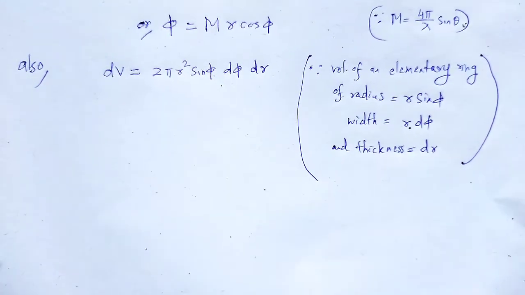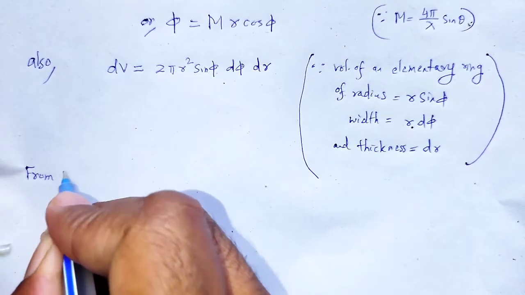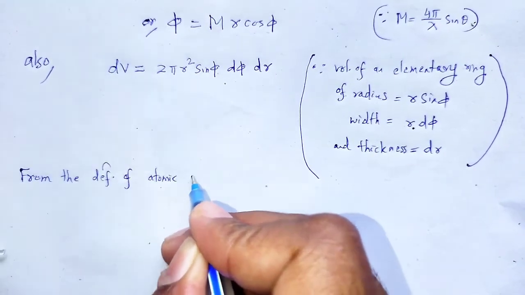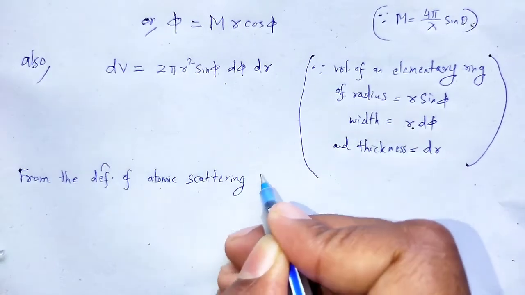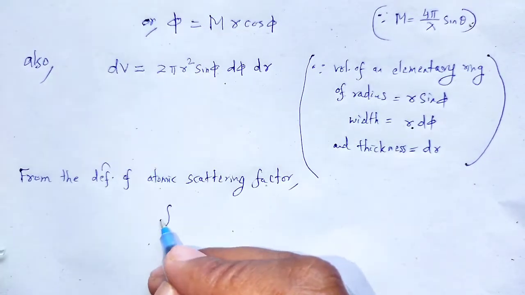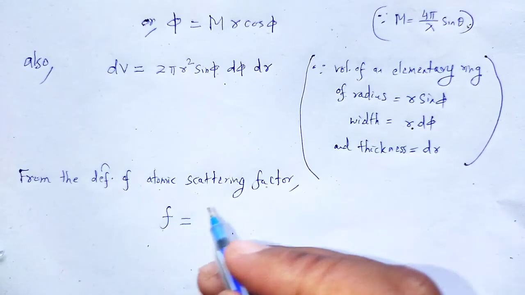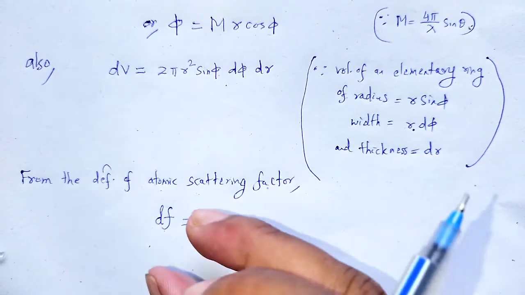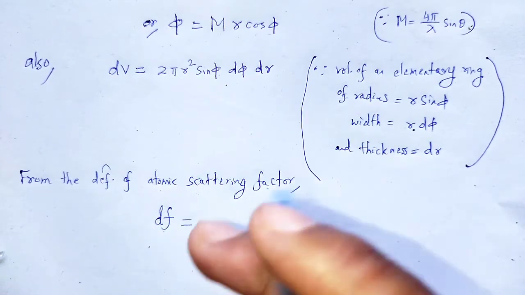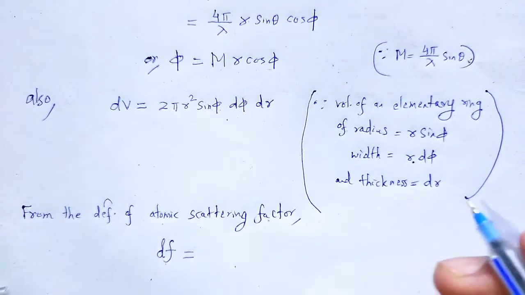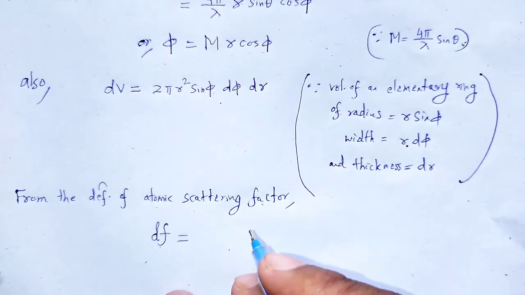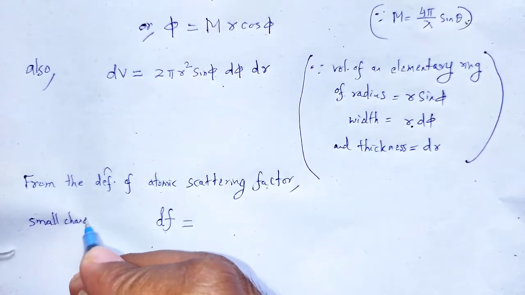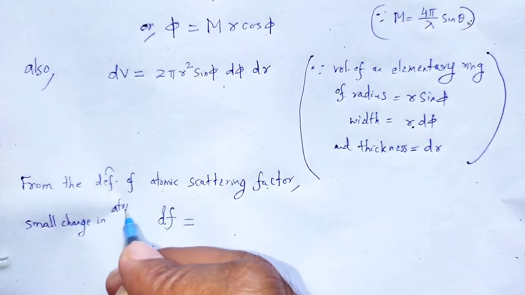From the definition of atomic scattering factor, df is the small change in atomic scattering factor.